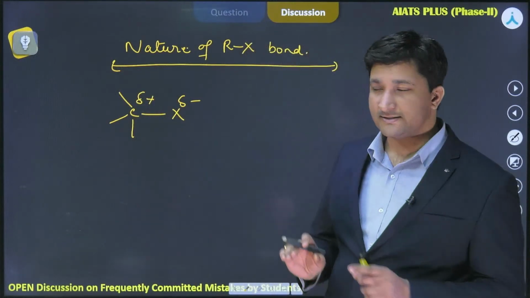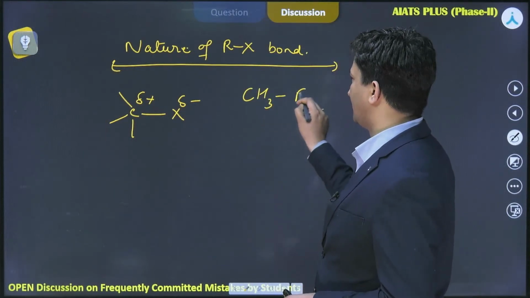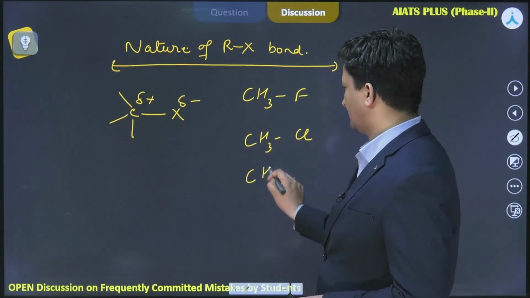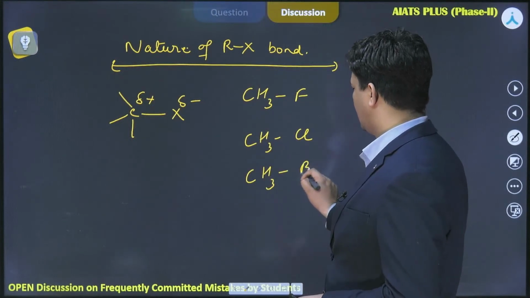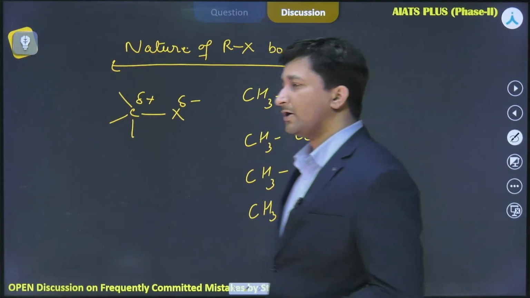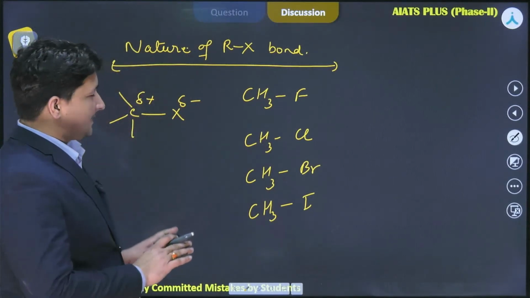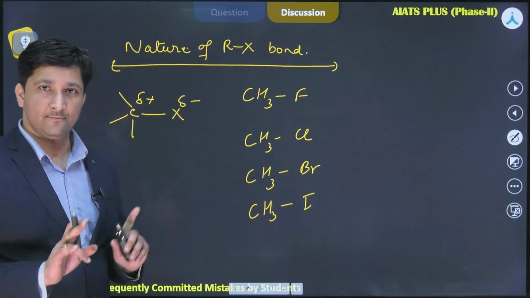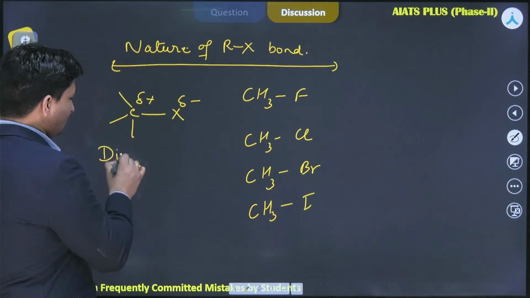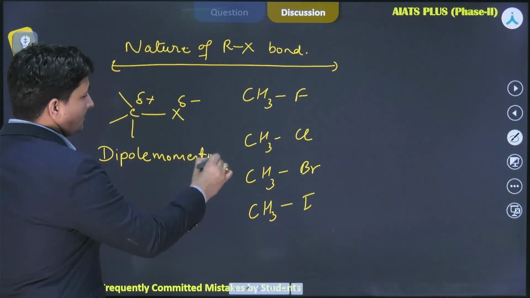Now the X can be F, Cl, Br, I. A very interesting question arises from here. All the molecules are polar in nature. As they all are polar, definitely bond polarity will be there, and bond polarity is measured in terms of dipole moment, mu.